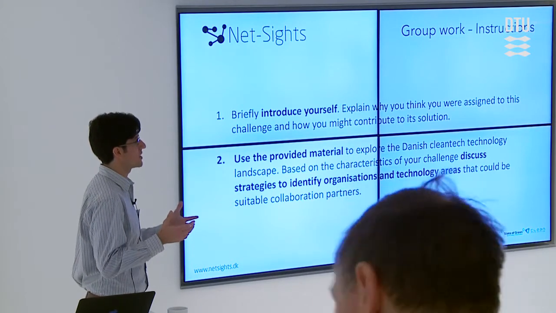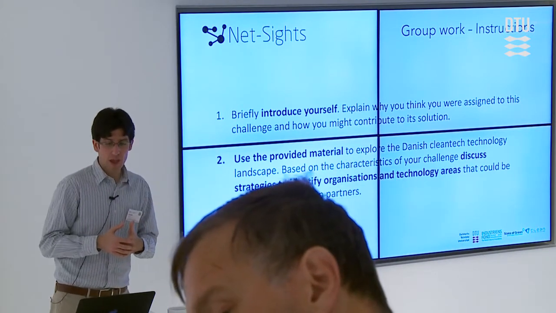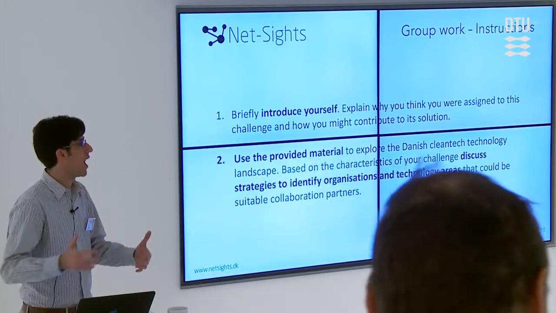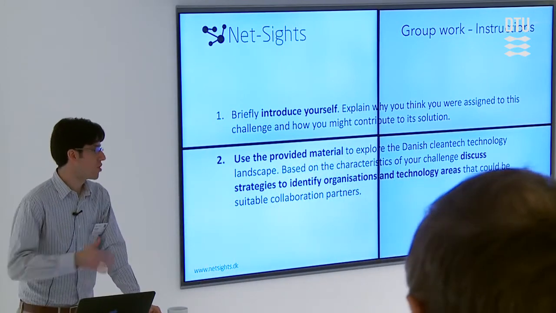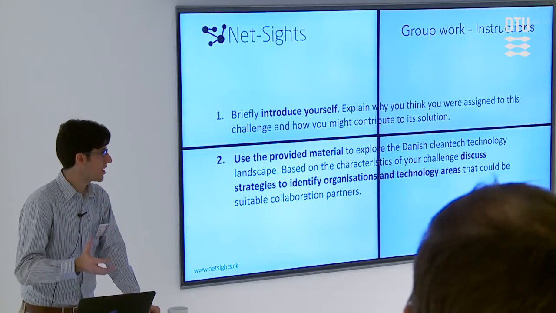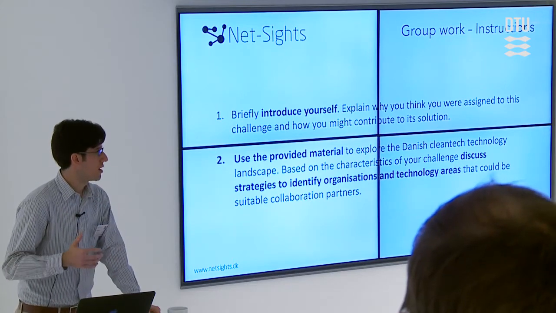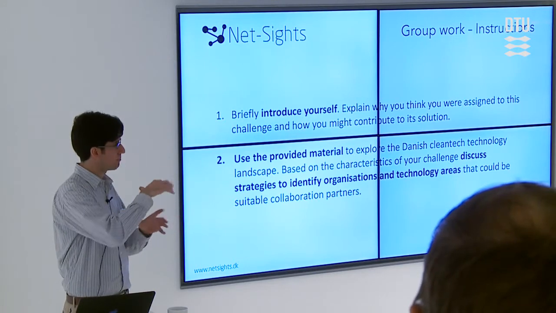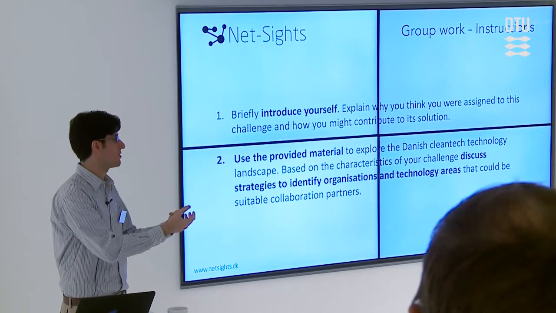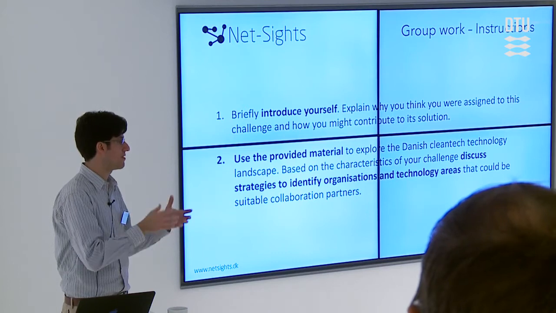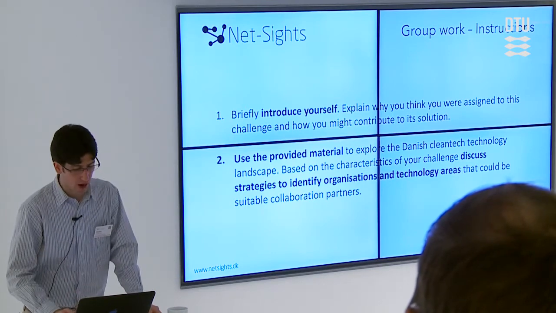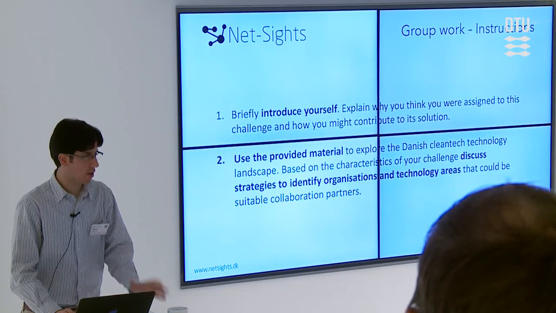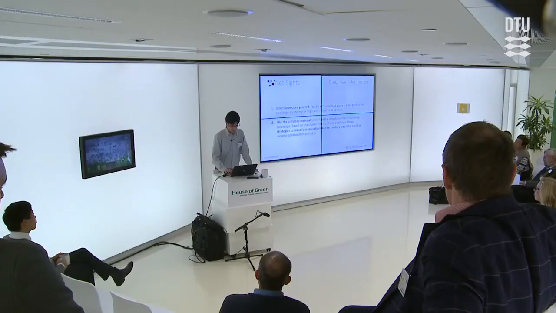If your challenge is somehow related to energy, you might look to energy areas and energy subsectors, but I also want you to think about related areas at the boundaries of energy. You will have the map, so you will be able to have a peek at which things are around your particular core area in the challenge.